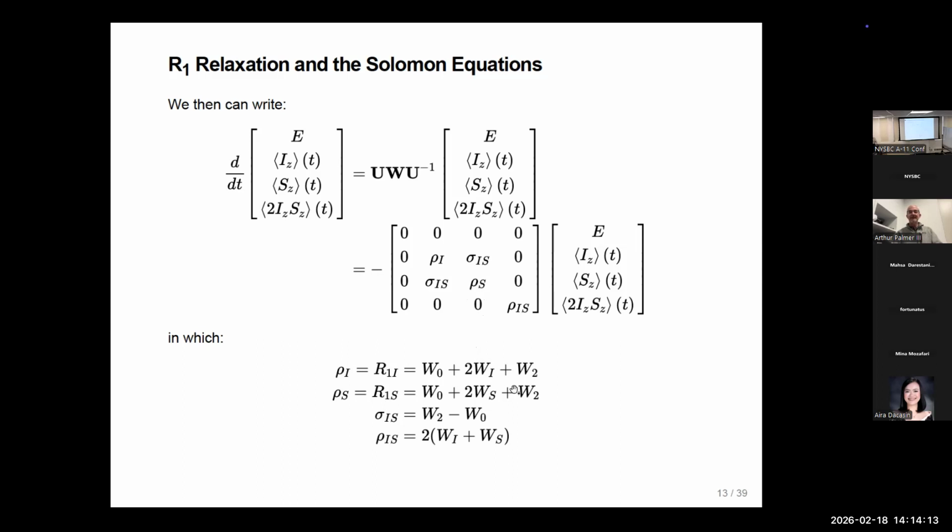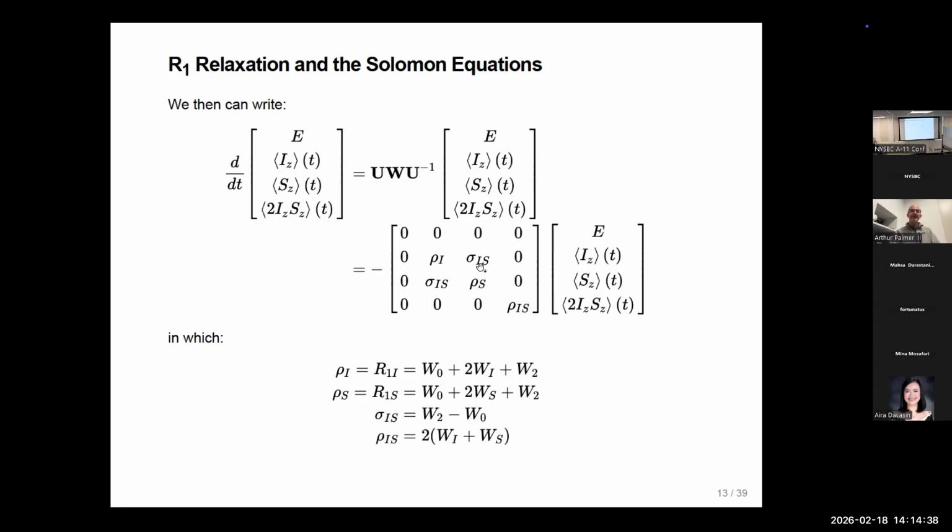It depends on a different combination of the W's. There's a rate for this longitudinal two-spin order, as it's called, 2IZSZ. And it has its rate that depends on the W's.